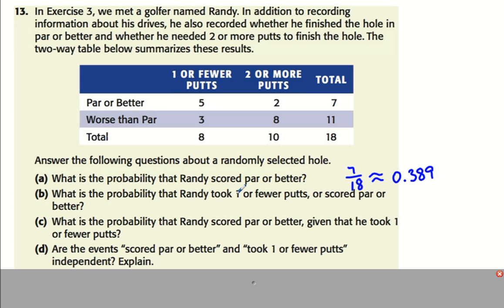One or fewer putts is 8. What haven't we considered yet in terms of his par or better? That'd be this 2 over here. So 8 plus 2, 10 out of a total of 18. Turned into a decimal, that's 0.556.